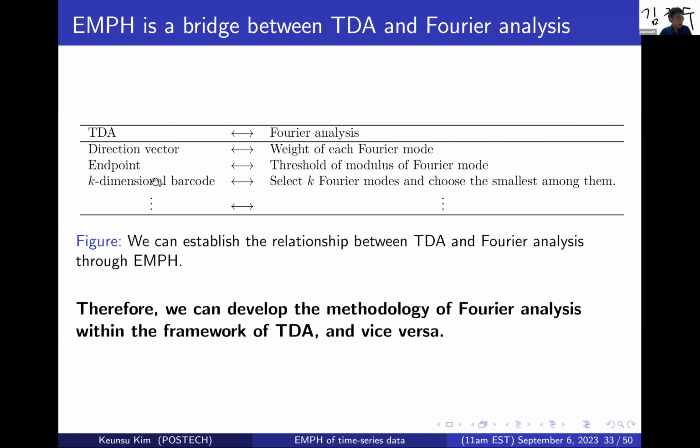And the k-dimensional barcode corresponds to selecting the top k Fourier modes and choosing the smallest among them. Actually, I think it is similar to the k parameter in the persistence landscape.